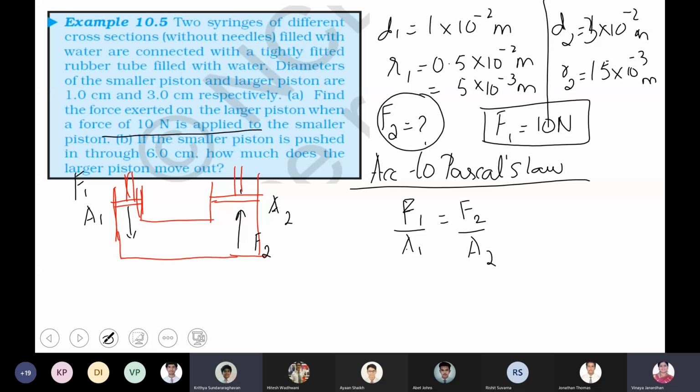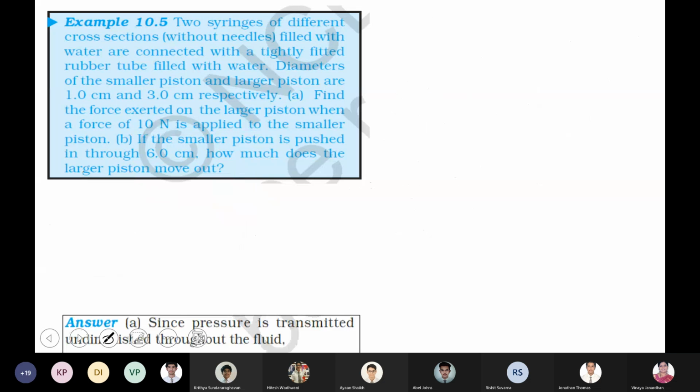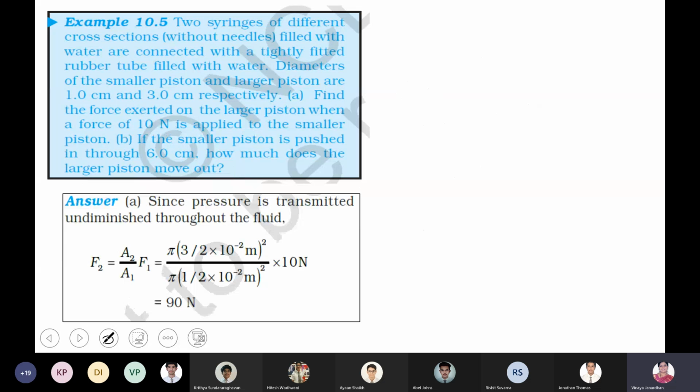Okay. 30, okay. Are you getting 30 or 90? Just check, boys, is it 30 or 90? See the error.